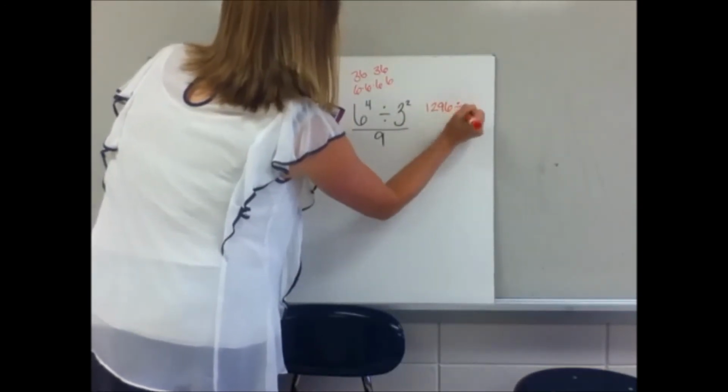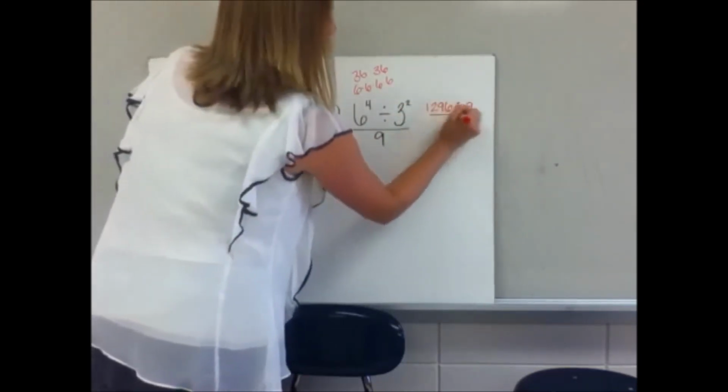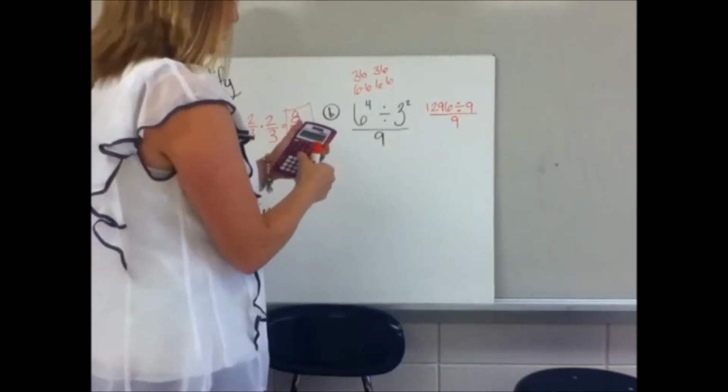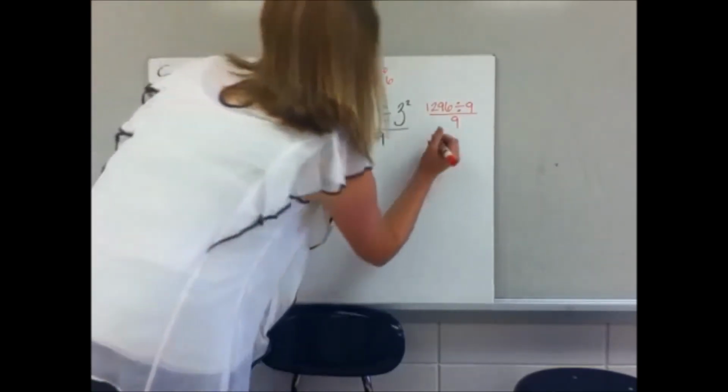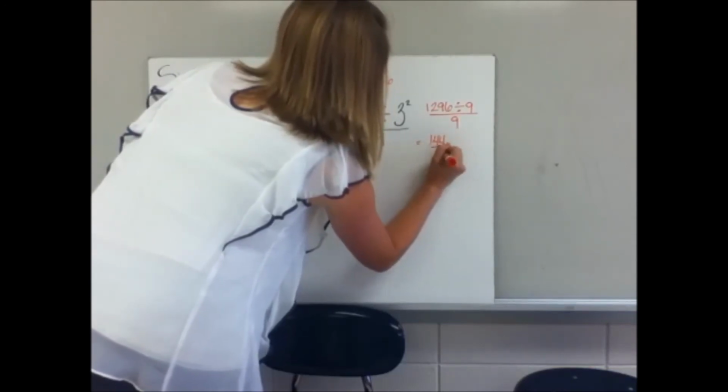Then we're going to divide that by 3 times 3, which is 9. All of that over 9. So I'm going to take my 1,296, divide by 9, and I get 144 over 9.